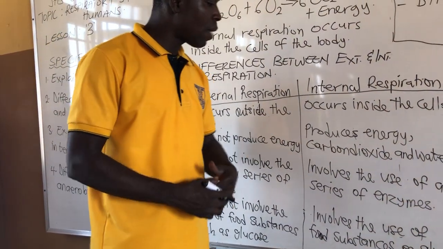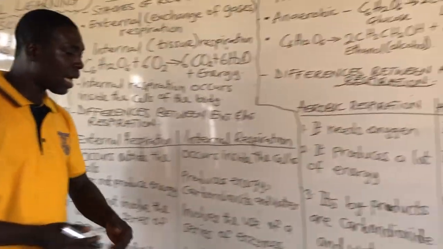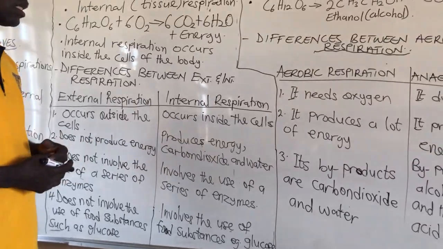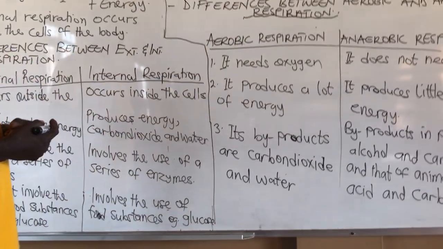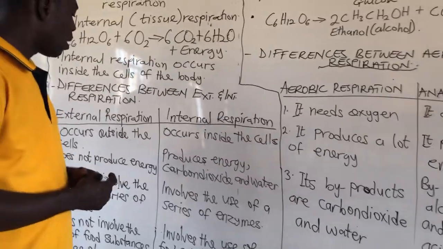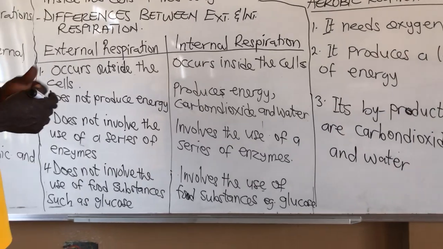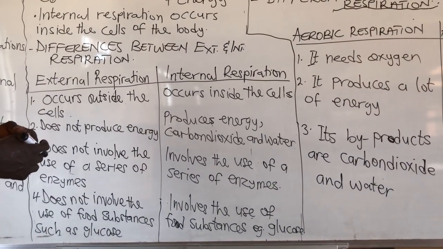But with the internal respiration, it involves the use of food substances such as glucose or starch, which can be yam or any other carbohydrate food. So these are the differences we have in terms of external respiration and internal respiration.